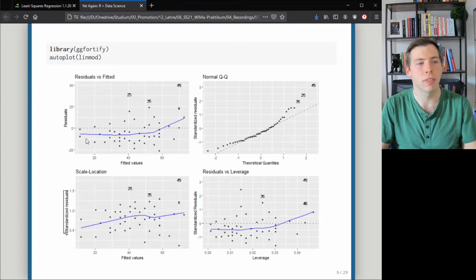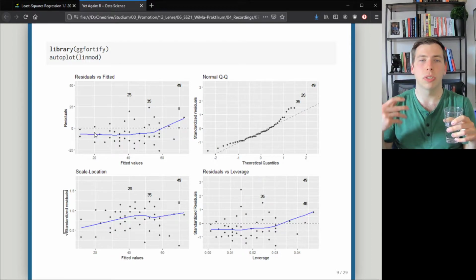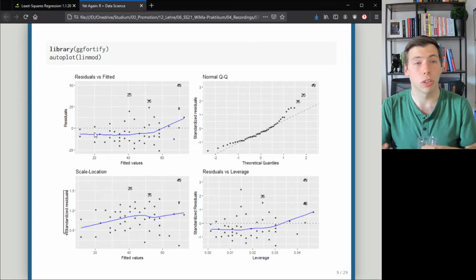And here you can see, as the fitted values become larger, so do the residuals. Also in this area here you don't really have any residuals, but here you have more. So this could be a hint that your residuals are not really IID, or cannot be thought of as IID, and so you might want to take a look at your model more closely.